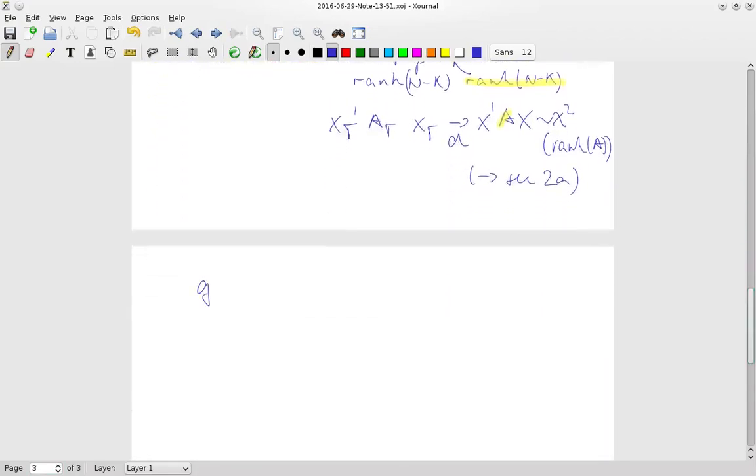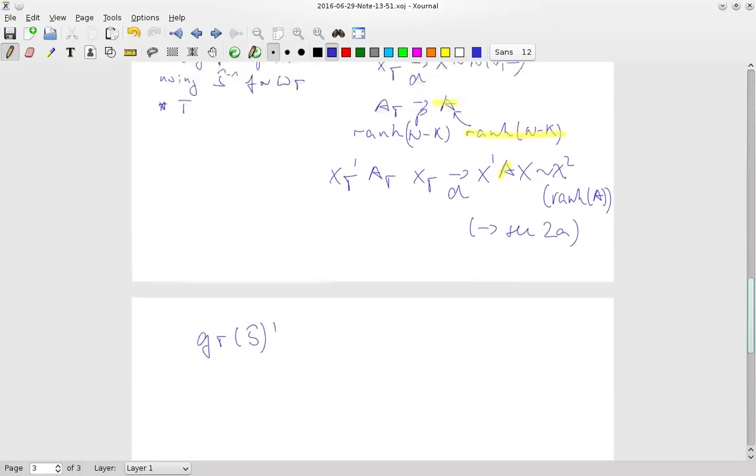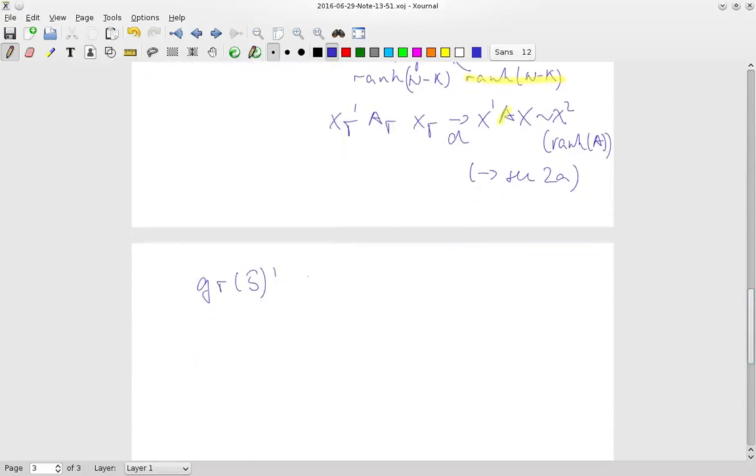So we have this possibility to write the objective function of GMM, which uses efficient weighting. Okay, and this is the thing that you basically get routinely as an output of your GMM estimation.